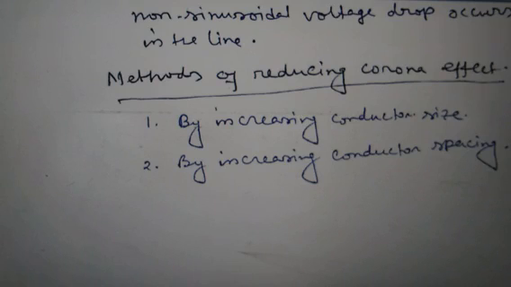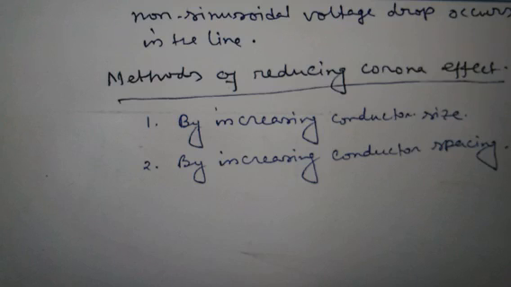This is one of the reasons that ACSR conductor, that means aluminum conductor steel reinforced, which has a larger cross-sectional area, is used in transmission lines.